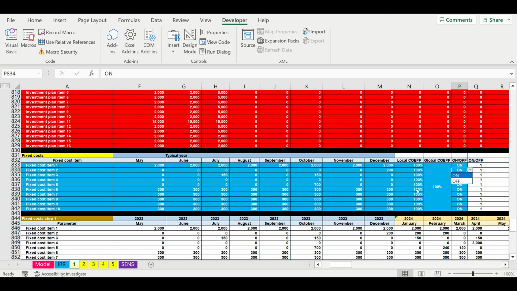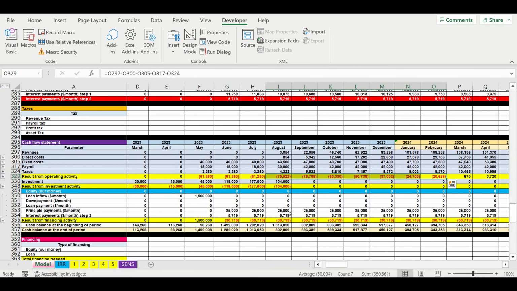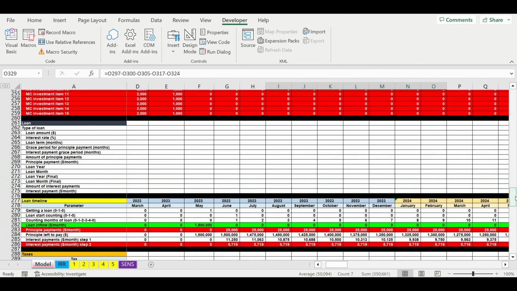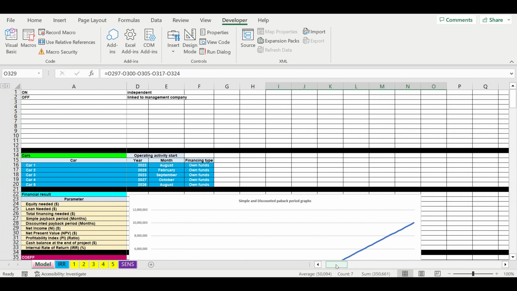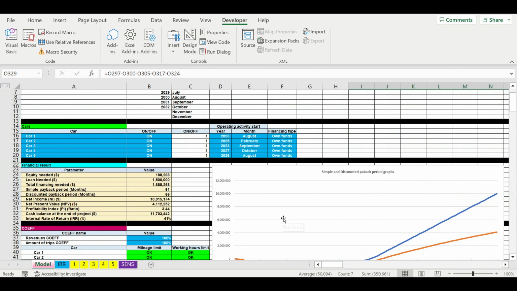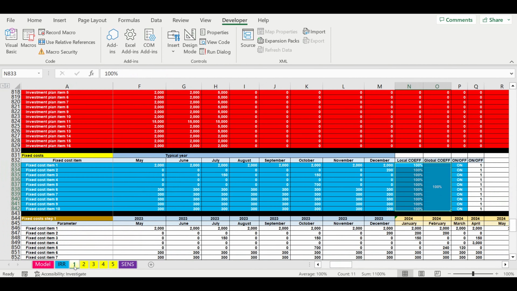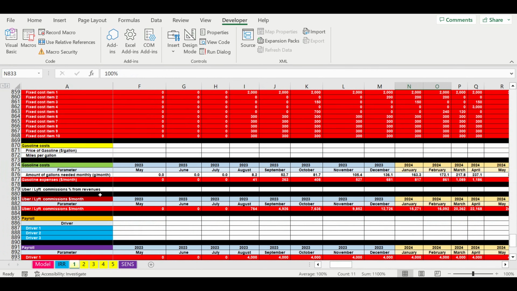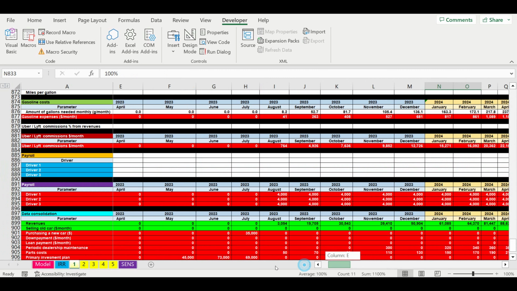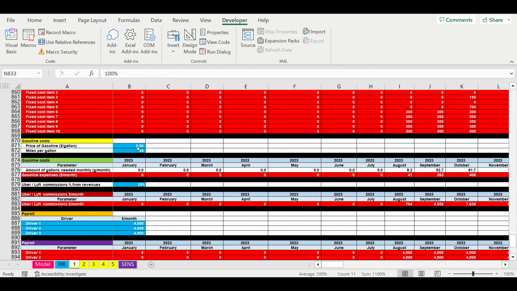We can add global and local coefficients to see what will be the simple discounted payback period with or without a fixed cost item. We are moving to the gasoline expenses, Uber and Lyft commissions, specification, and drivers payroll for those drivers who work on this car.